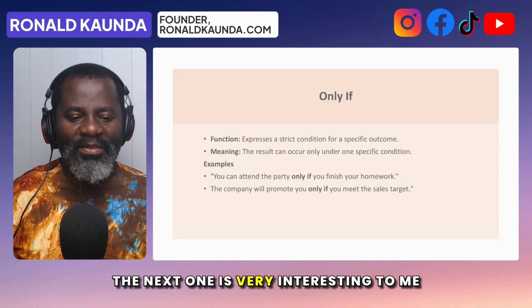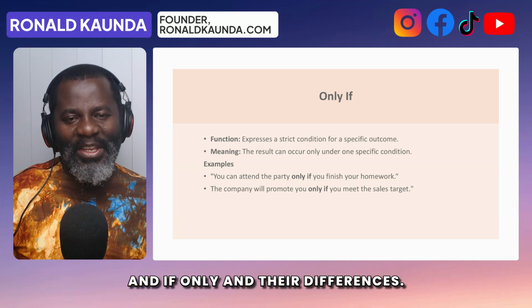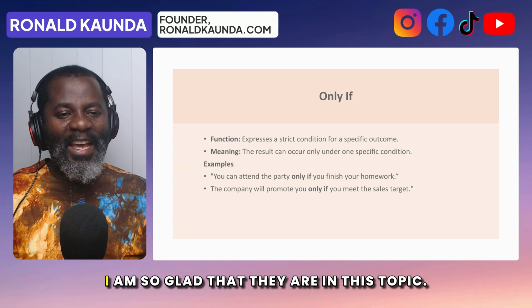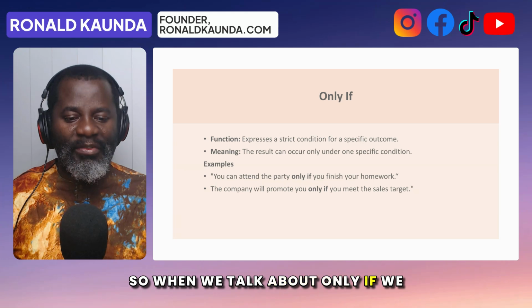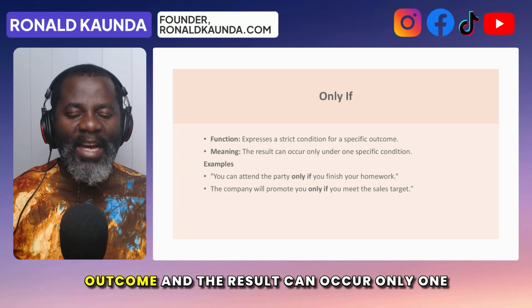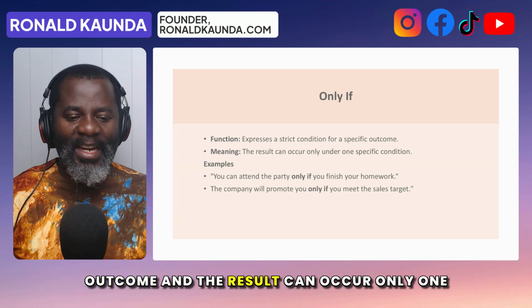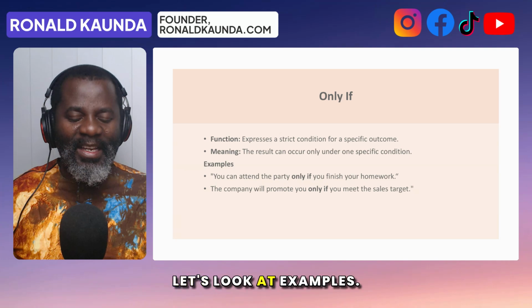The next one is very interesting to me because I've always been thinking about only if and if only and their differences. I am so glad that they are in this topic. When we talk about only if, we are expressing a strict condition for a specific outcome, and the result can occur under only one specific condition. Let's look at examples.